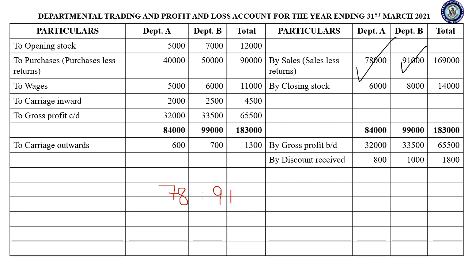If you find it difficult to take the ratio, you just take 78 is to 91. If you find it difficult to simplify the ratio, you just take 78 as 91. Then you just sum it up. It comes to 169, correct?